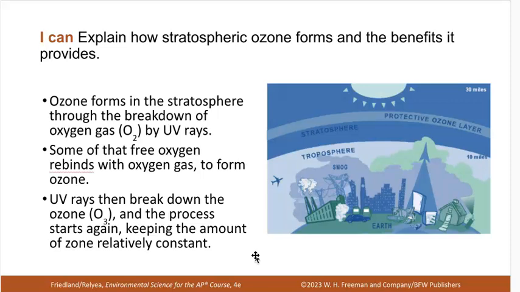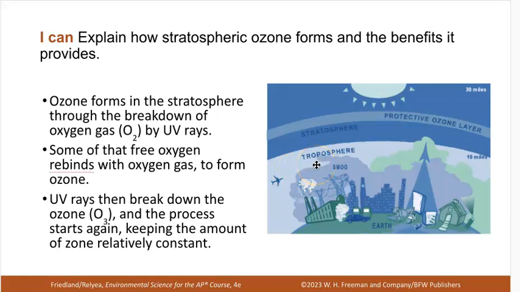So ozone naturally forms up in the stratosphere, so there's a natural way that it forms, so we'll learn those equations on the next slide. So it forms and breaks down and forms and breaks down, and UV rays break up oxygen gas up in the stratosphere. Now, if you notice on this picture, we're not in the stratosphere. So we have our cities and even our airplanes mostly fly in the troposphere.